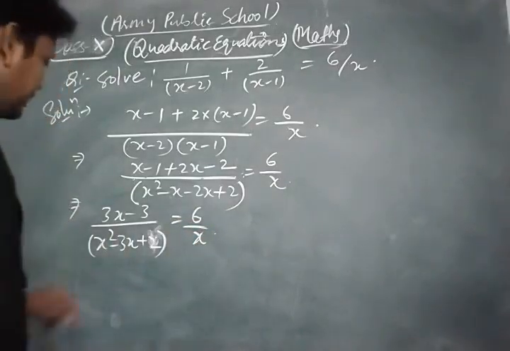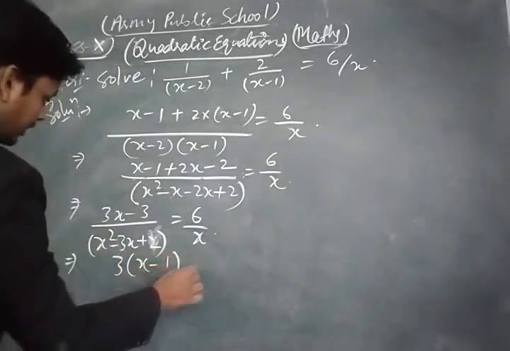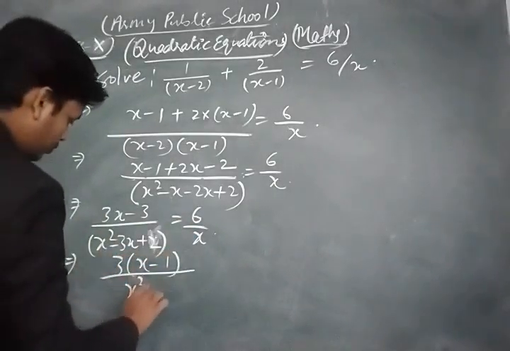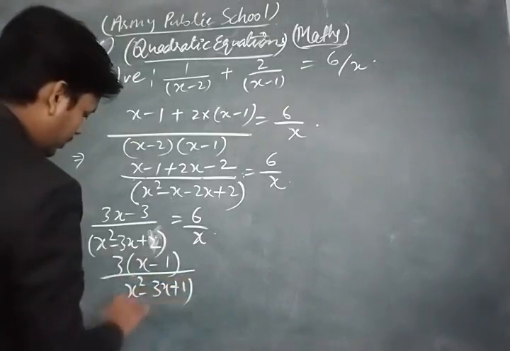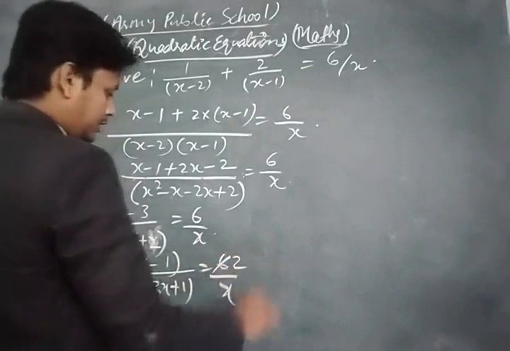Now what I do, we take 3 as common from the numerator. So this is x minus 1 is left upon x square minus 3x plus 2 is equal to 6 upon x.